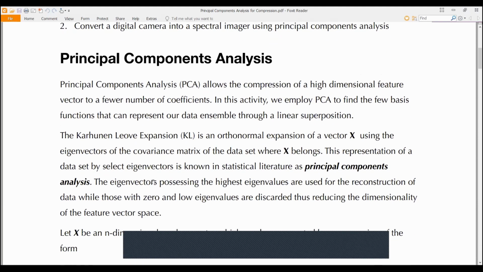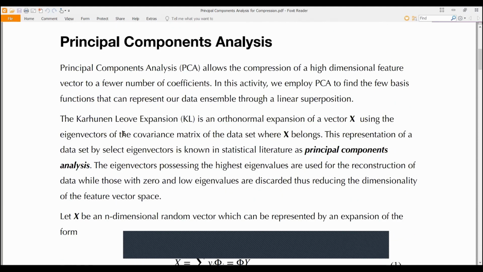Now, the derivation that we will show here is based on the Karhunen-Loeve expansion, KL. So the KL expansion is an orthonormal expansion of a vector X using the eigenvectors of the covariance matrix of the data set where X belongs.